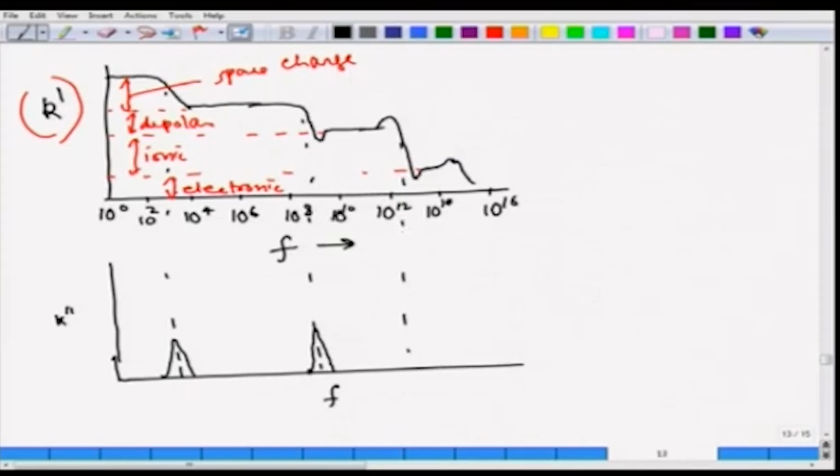This I have not talked about. There are relationships based on which you can calculate these, but I am not going into that much detail. Remember what K prime is.